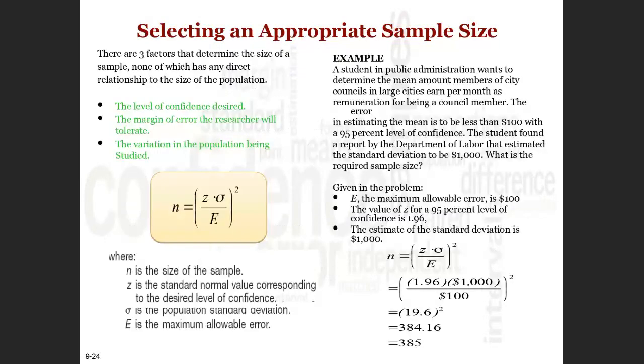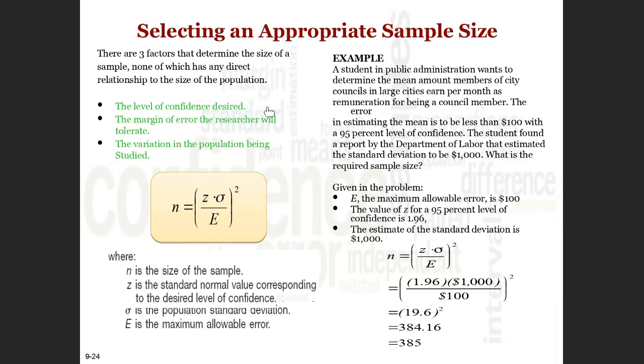There are 3 factors determining the size of a sample, none of which have any direct relationship to the size of the population. The level of confidence desired: as I said, if it's a study that has never been done before, or you're measuring something nobody has done before, you can sort of start at 90%. But the usual is 95.